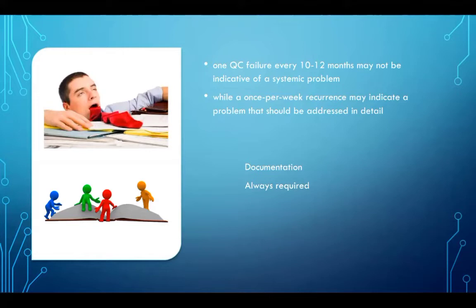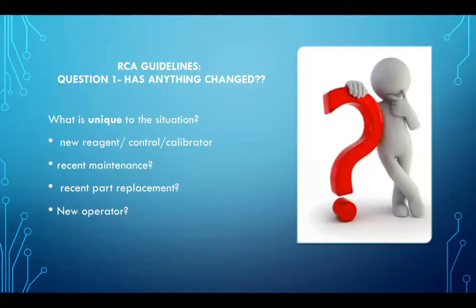But whether you are getting some problem infrequently or frequently, documentation is very important, because this will help us to decide whether something is happening very frequently or not. So whenever there is any unacceptable event, see what is unique to this situation.